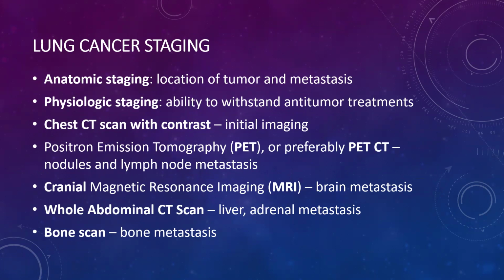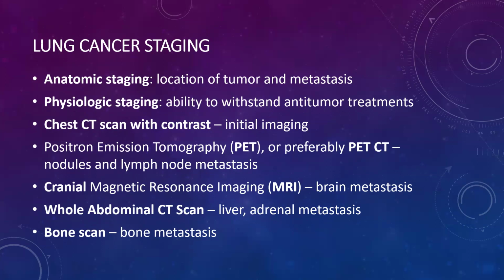And the initial imaging of choice is still to do your chest CT scan with contrast. And once you see that mass and the lymph node involvements, you can also request for the other diagnostic tests. You have your positron emission tomography, your PET, or a combination of your PET scan and CT scan.